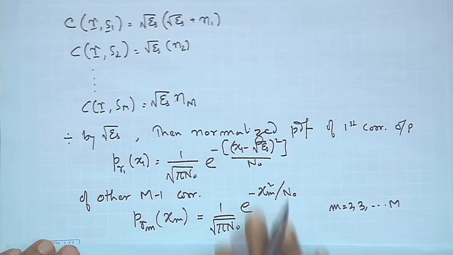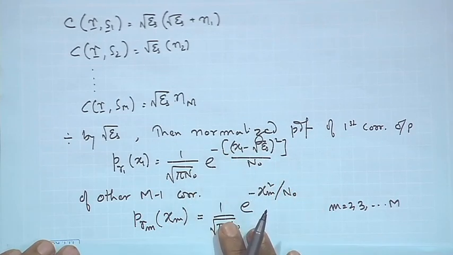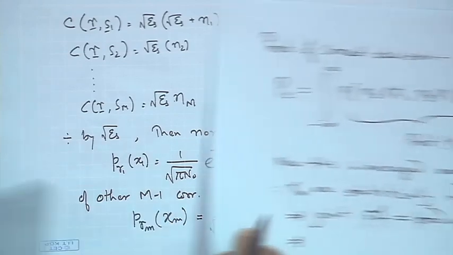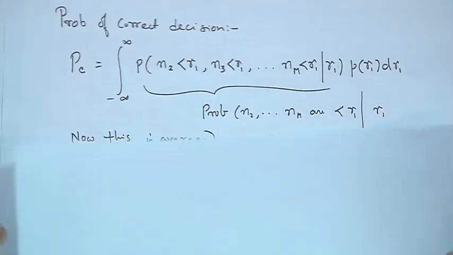So, now we have to use this to calculate the probability of error. In order to calculate the probability of error, it is better in this particular situation to go ahead with calculating the probability of correct decision.